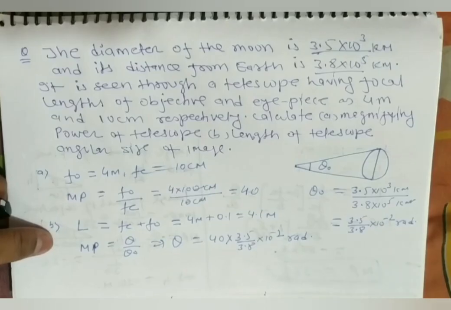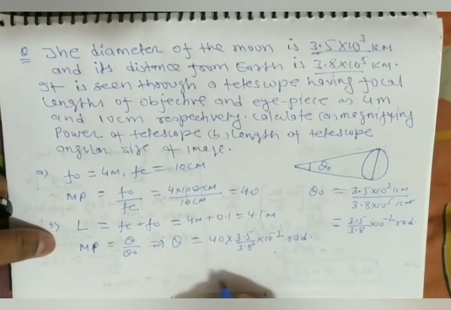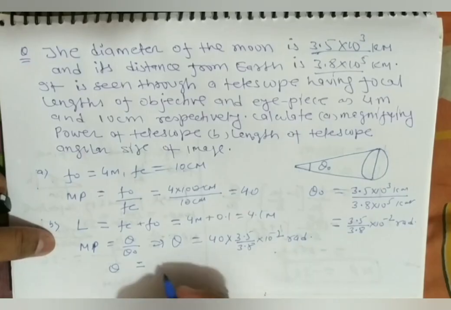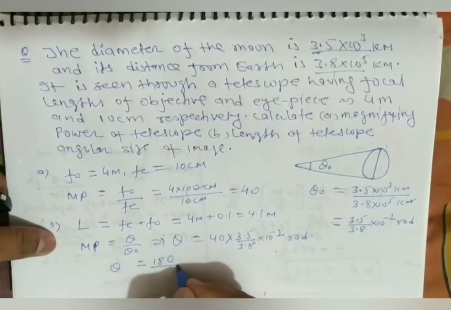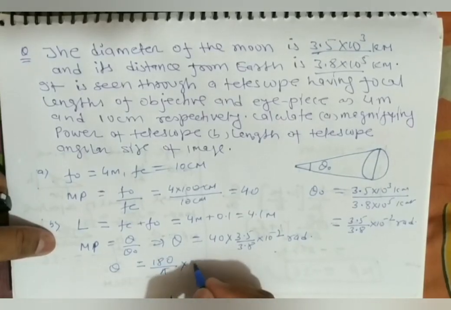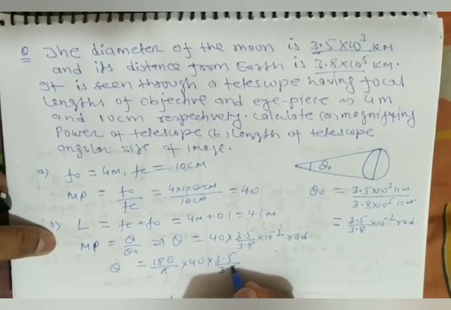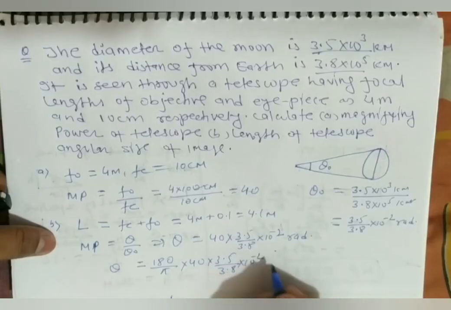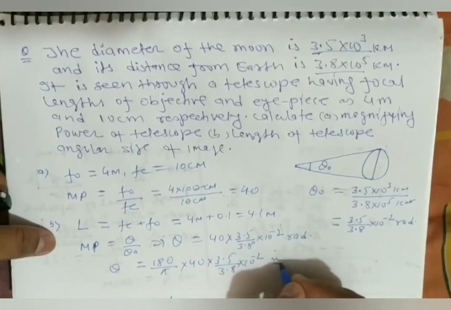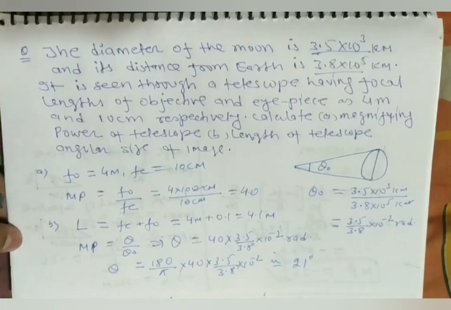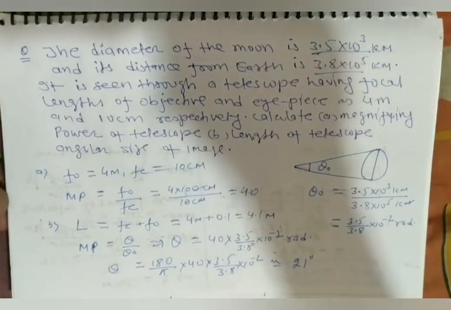If you want to calculate into degree, we must multiply by 180 upon pi into 40 into 3.5 upon 3.8 into 10 to the power minus 2, and it will be approximately equal to 21 degree. Okay, thank you.